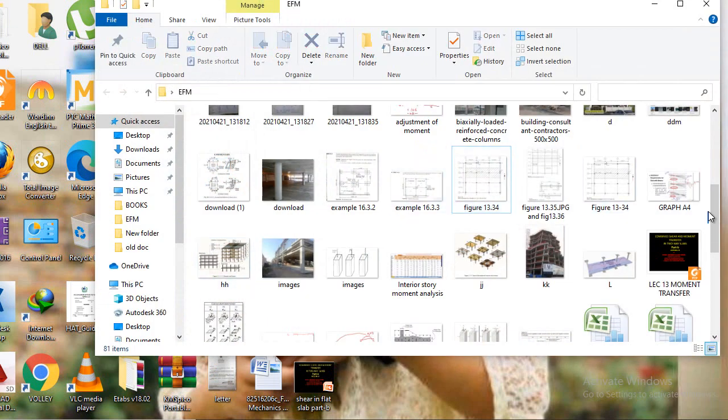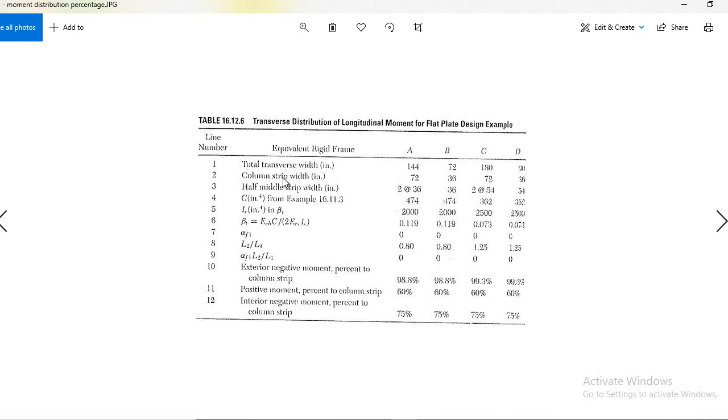You see here frame A, frame B, frame C and frame D. You already know these frames and their widths, and the alpha and beta factors I already explained in lecture number 6.5 of the equivalent frame method.